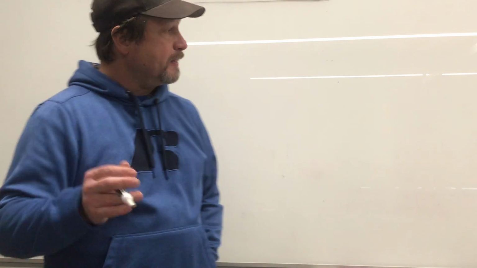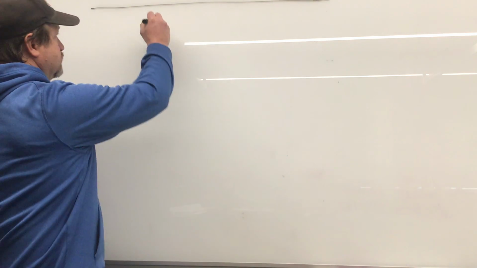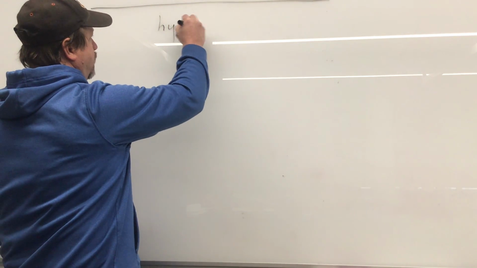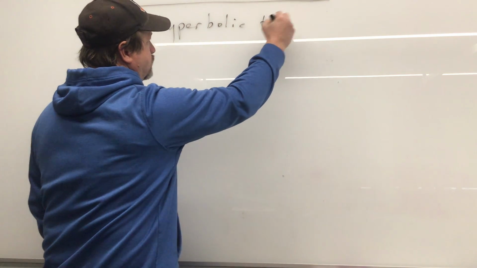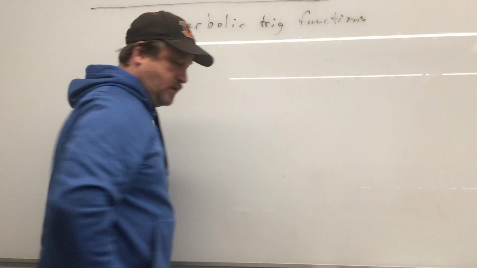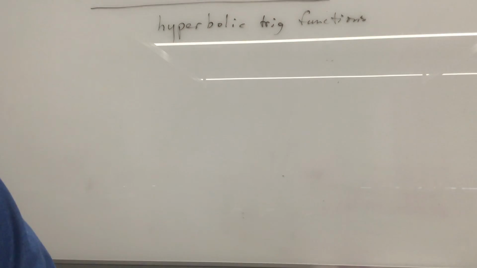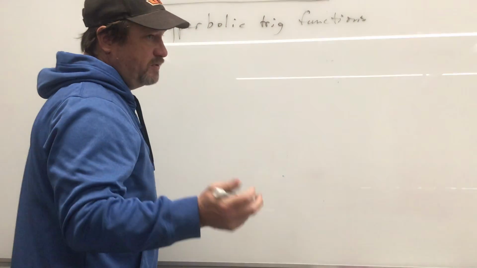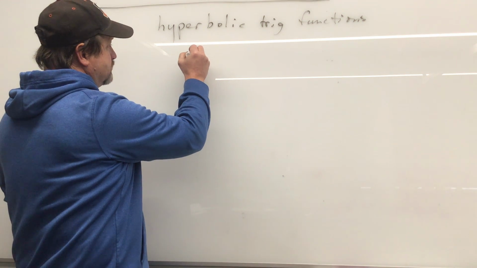But the next thing that comes along in the text is something that's called hyperbolic functions. Hyperbolic trig functions. Now, what hyperbolic trig functions are is they're a combination of things that we've just learned about with exponentials, as follows.